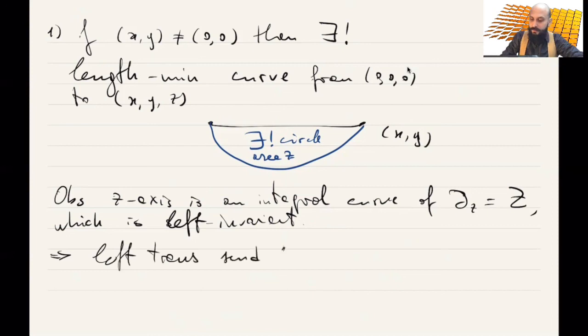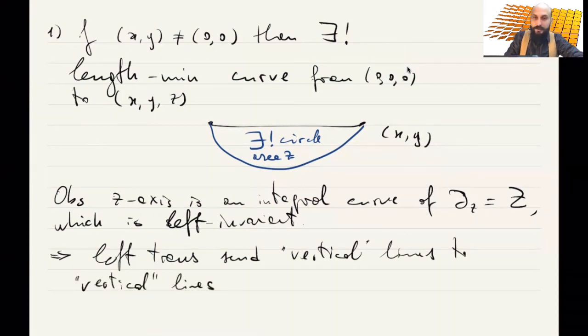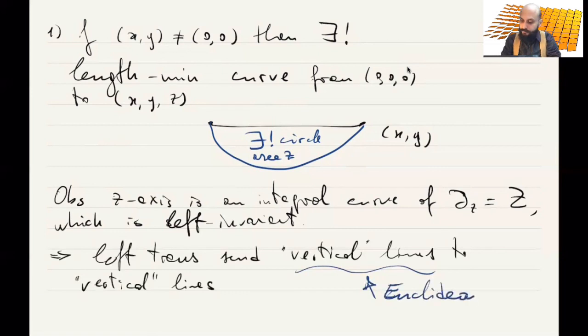Therefore, left translations send vertical lines to vertical lines. And with vertical here, I mean really Euclidean translations of the z-axis. Okay, so the consequence is that now, if you take 2 points that are in the same vertical line, then they don't have a unique geodesic between them.